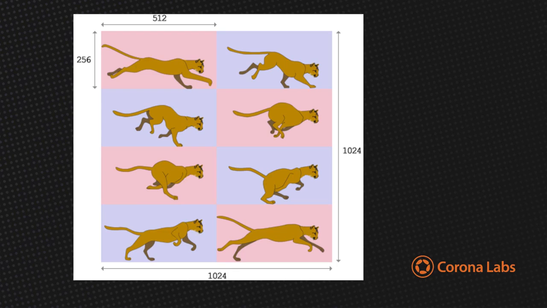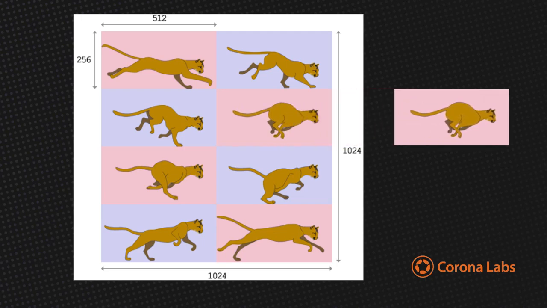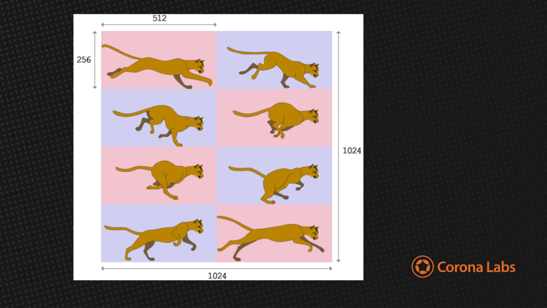You can, and often should, use image sheets for both purposes: static images picked from a portion of an image sheet, and animated sprites utilizing multiple frames from a sheet. In this video, we'll focus on how to use image sheets for animated sprites. For detailed technical notes and usage examples, see the graphics.newImageSheet API located on the Corona Labs website.